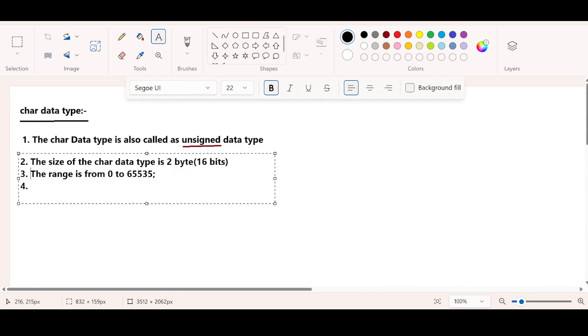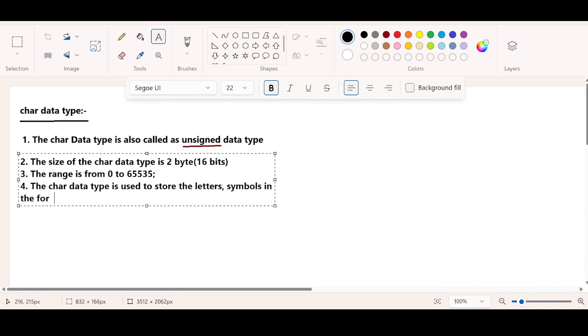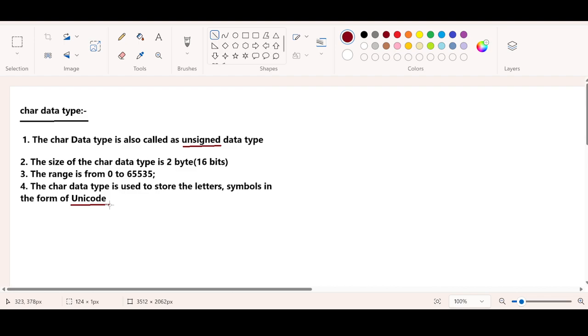And the second question, look at the contradiction: the char data type is used to store letters or symbols in the form of Unicode. I will also tell you what Unicode is. Stay focused. These are the four major points that I can give.